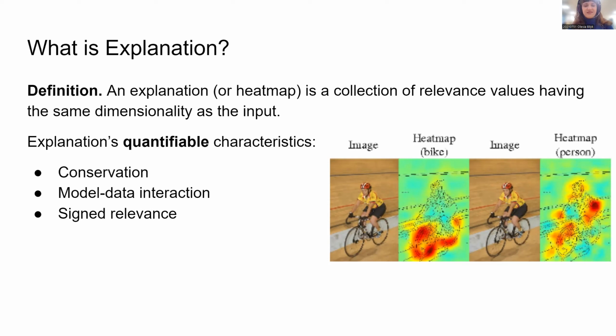So there should exist a possibility of it being used for explanation as a part of one input, but not necessarily the others. And finally, signed relevance requires the meaningfulness of the sign. More precisely, it means that positive relevance values should correspond to features relevant to the decision, and negative values should correspond to features contradicting the decision.